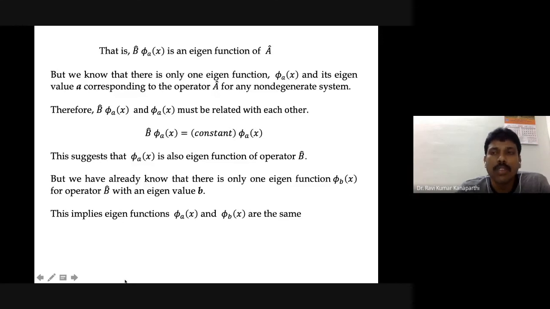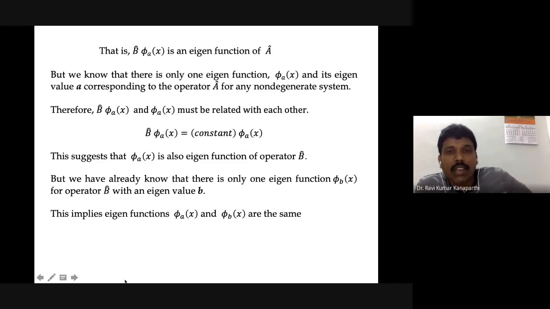We have only one state which has a precisely defined energy value and a corresponding eigenfunction, and when the A operator operates upon the eigenfunction, we get a precise eigenvalue multiplied by the eigenfunction back. So this is slightly a contradiction to what we have assumed.